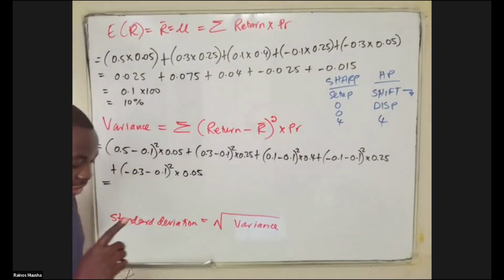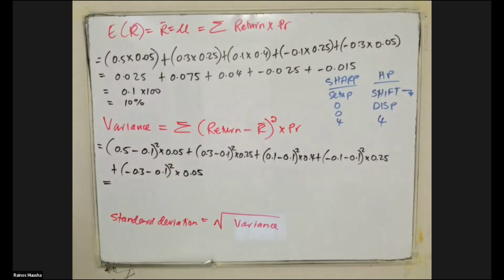So the answer that you're saying, 0.04, is mainly because you're in 2 decimal places. The actual answer should be 0.036.